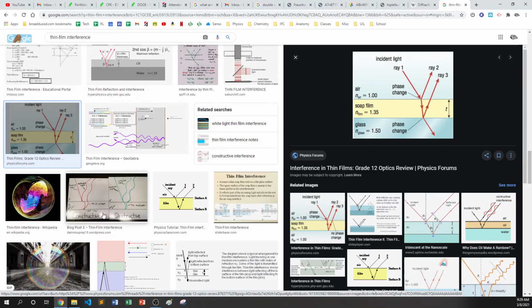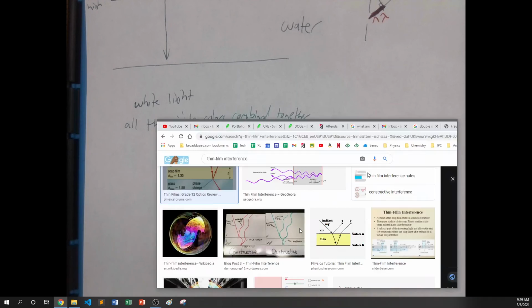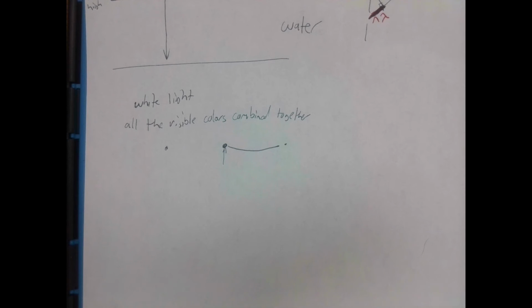Trying to see if we can find an equation for this. I never had anyone do homework over it.